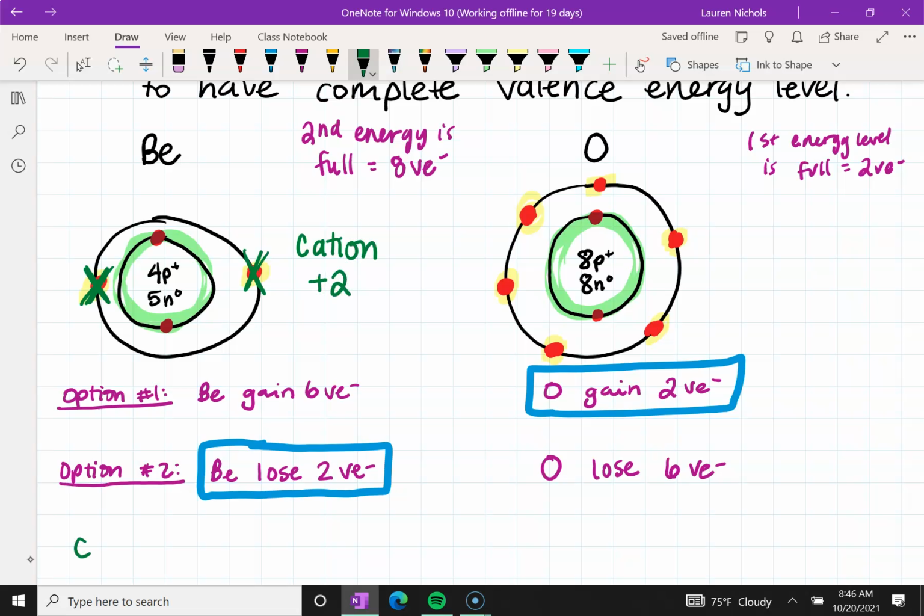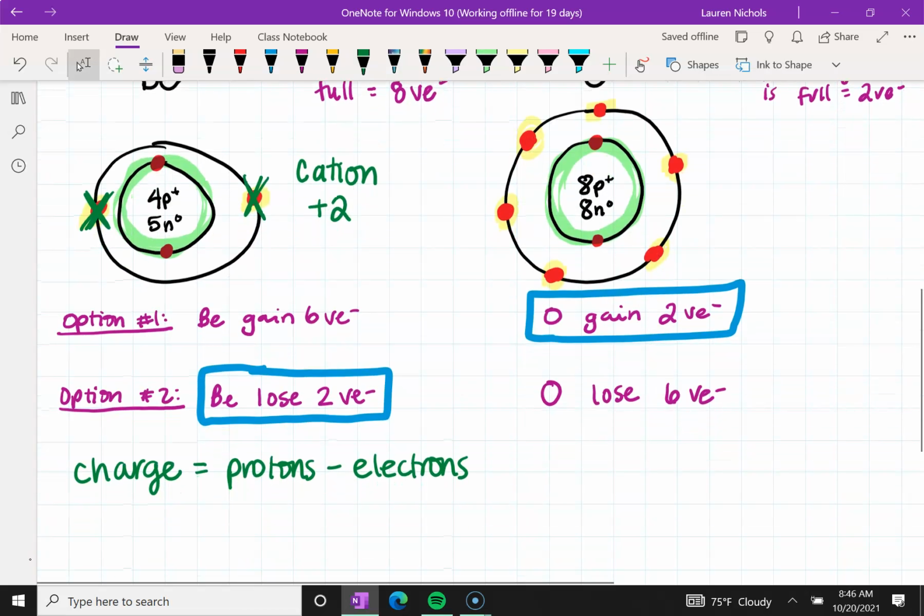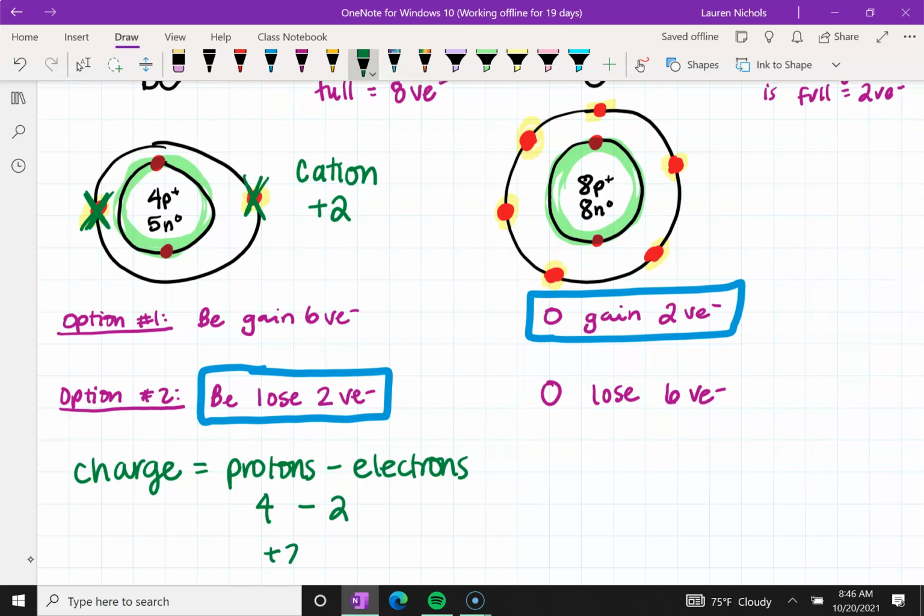Now remember, we did a calculation for charge in Unit 2. Your charge is always equal to your protons minus your electrons. So if I get rid of 2 electrons, I had 4 protons, now I only have 2 electrons, so that's a positive 2 charge.